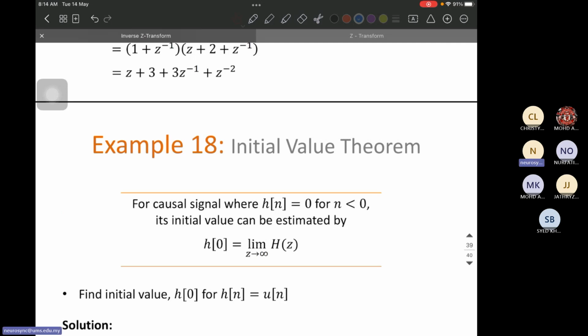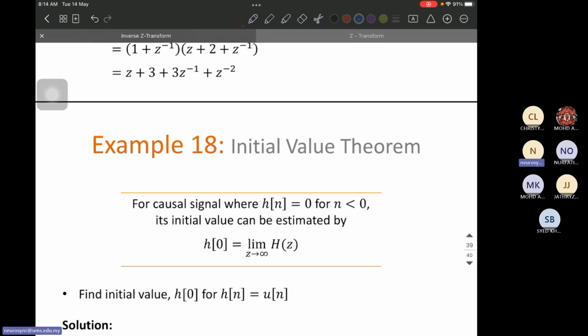So we can calculate h of 0 by taking the limit as z tends to infinity of H of z. You can also do the proof of this, but the initial value theorem says that we can calculate the initial value of h of n, that is at n equal to 0, which is equal to the limit as z tends to infinity of H of z.